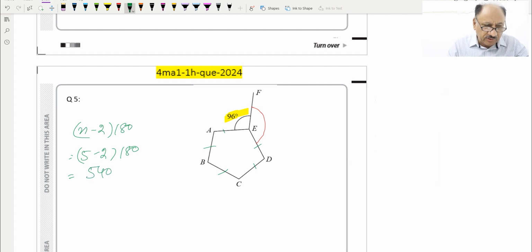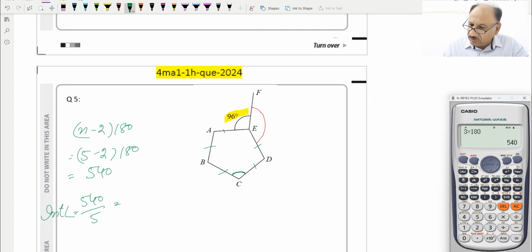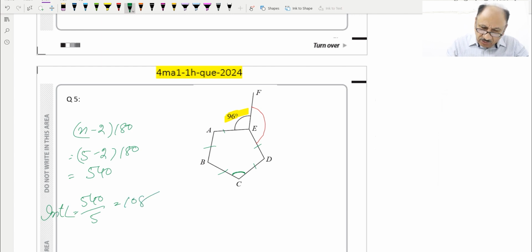Now 540 is divided into 5 equal angles. So one interior angle is 540 over 5, which is equal to 108. So this angle is 108.